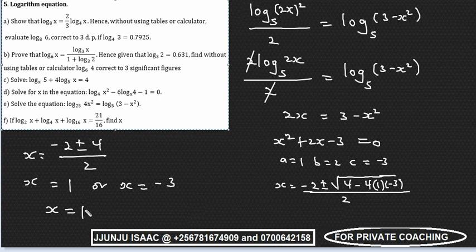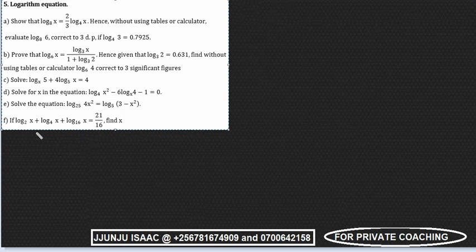So let us look at the last part of the question. If log base 2 of x plus log base 4 of x plus log base 16 of x is equal to 21 out of 16. Now there is something interesting here.